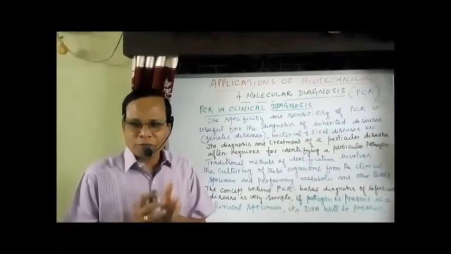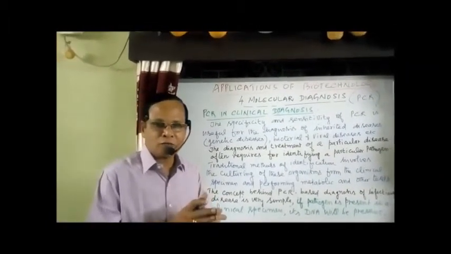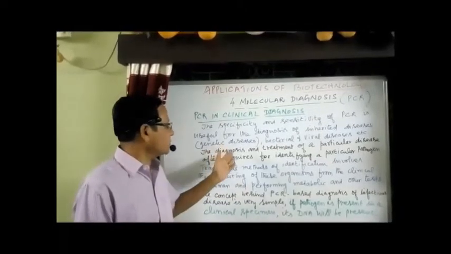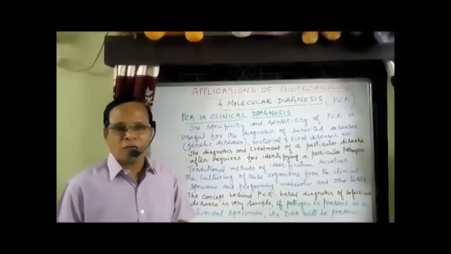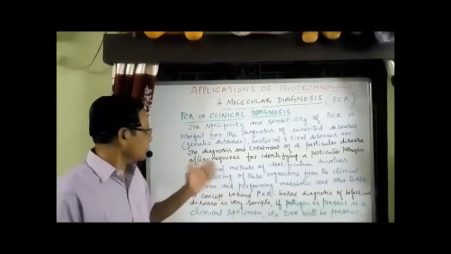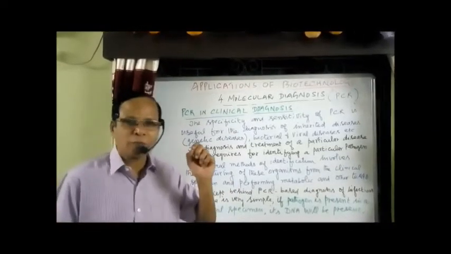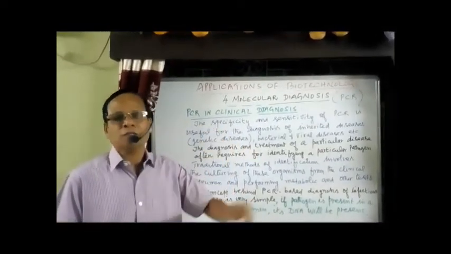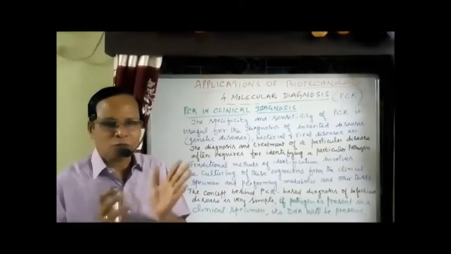If you want to treat a particular disease, you have to diagnose it. So the diagnosis and treatment of a particular disease often requires identifying the particular pathogen involved in causing the disease. You have to identify the pathogen.